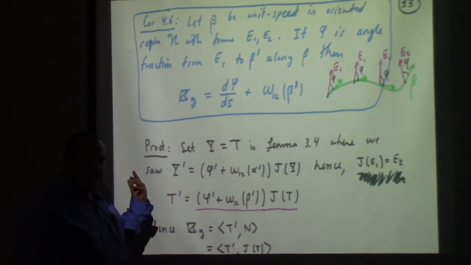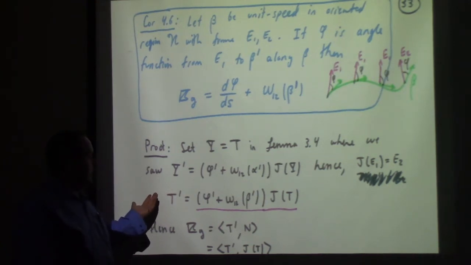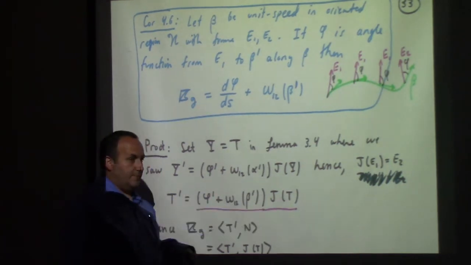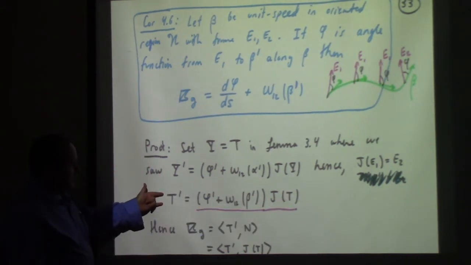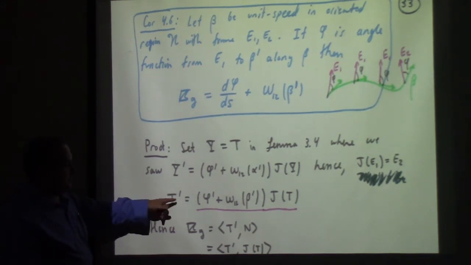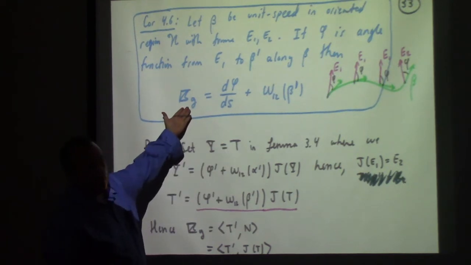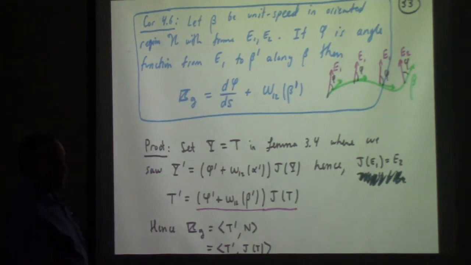And so that gives us T prime is this. But then what happens when you take the inner product of T prime with J of T? You just get this coefficient right here, phi prime plus omega 1,2 beta prime. That's exactly the theorem. So yes, that's the geodesic curvature. It's just that.